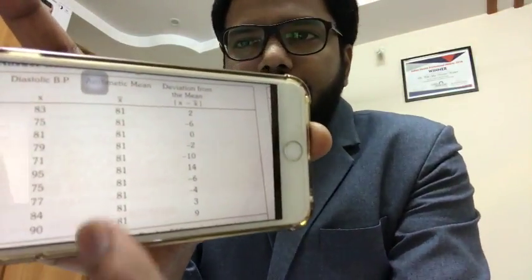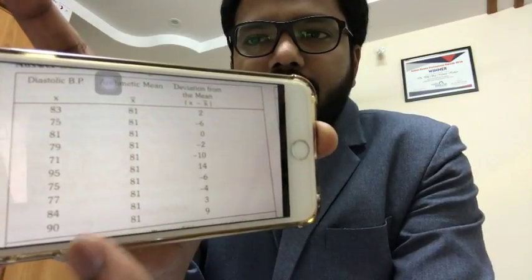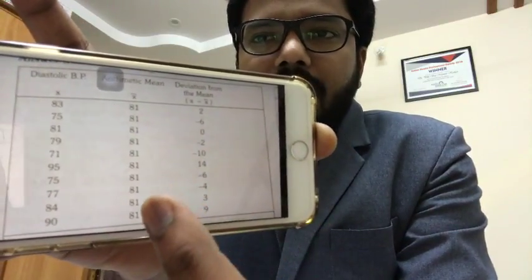one of you asked me the differences between standard deviation and mean deviation, other than the formula. See, for mean deviation, we take the average of all the deviations without considering the negative values. Let me show you the table and explain simultaneously. If you observe this table, these are the diastolic values, these are the mean values, right?